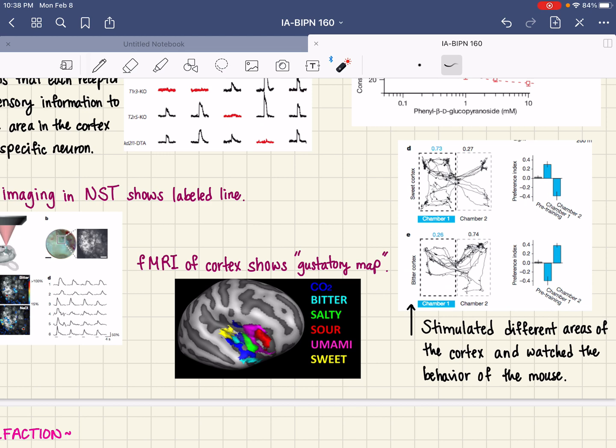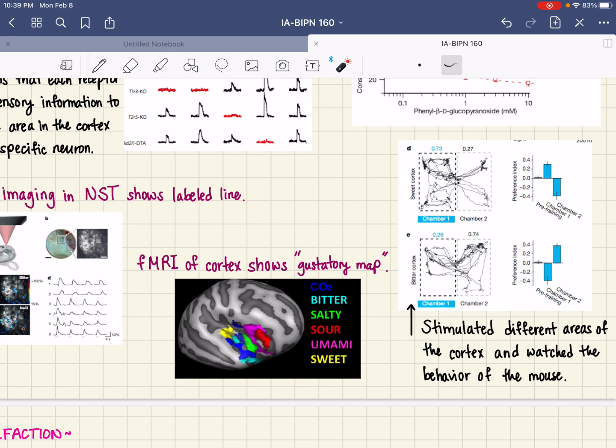So if you remember again, this concept of required versus sufficient, or able to, is very important for this class, and you should study it for this exam number 2 also, because you will need to use different techniques to figure out if an area of a brain is required or sufficient.